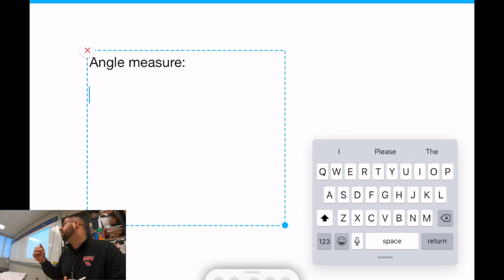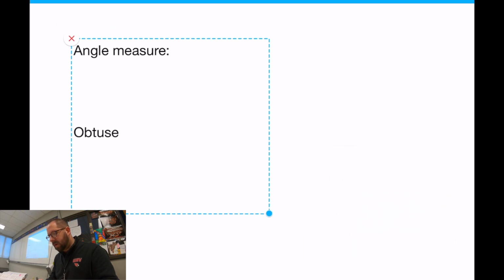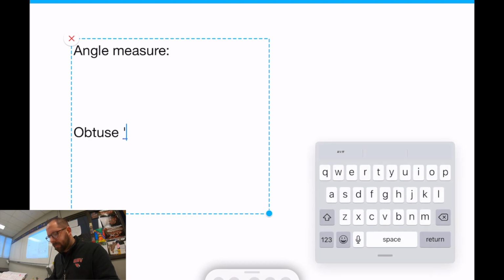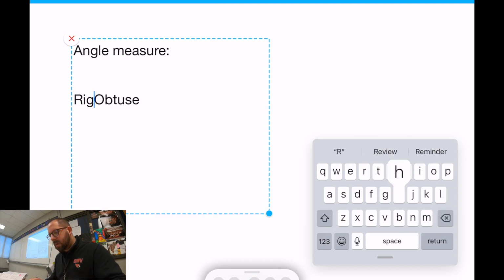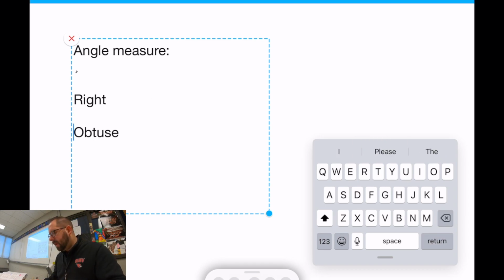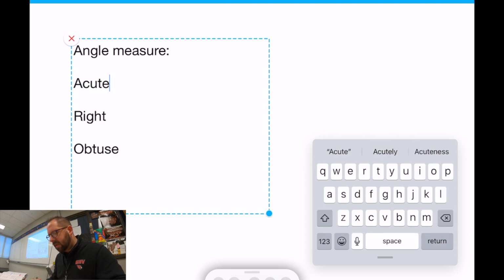There's technically a fourth, but what's one of them? Obtuse. Okay, that is definitely one of them. Another one? Right triangle? Yeah. Right triangle, and acute. There's the last one.